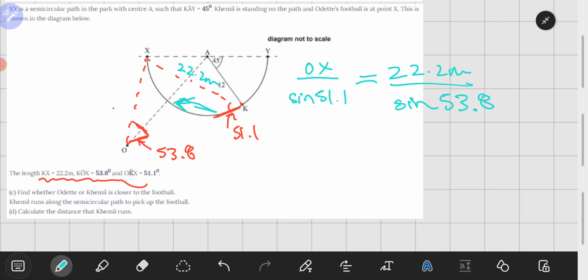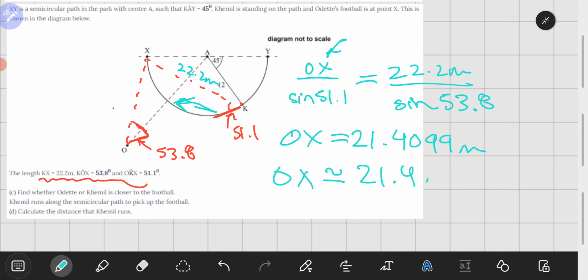If we rearrange this equation by multiplying both sides by sine of 51.1, we can isolate OX, and after computing that, we find that OX is equal to 21.4099 meters, which we approximate to be 21.4 meters.